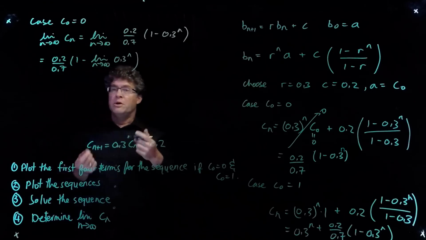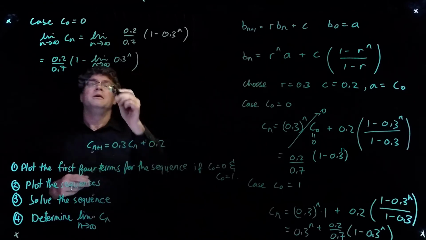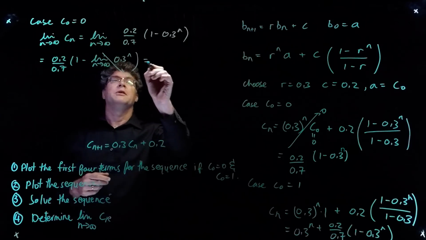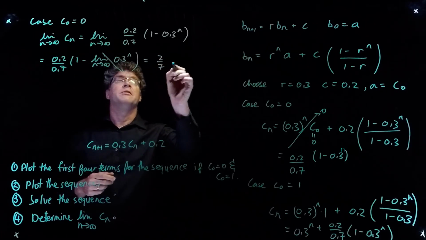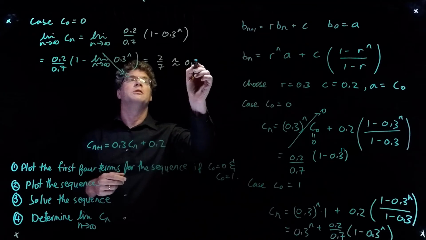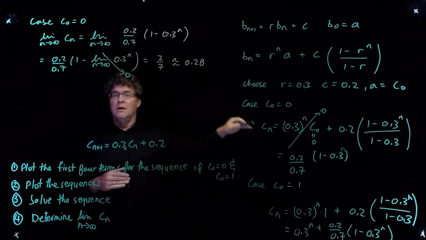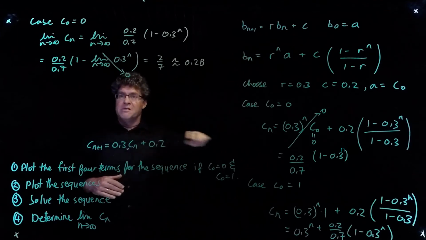And because 0.3 is less than 1, this is going to go to 0, and so this will equal 2/7, which is approximately 0.28. That was the value we found on the graph as the horizontal asymptote.